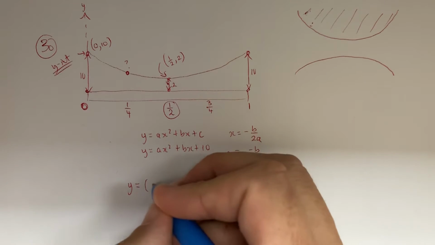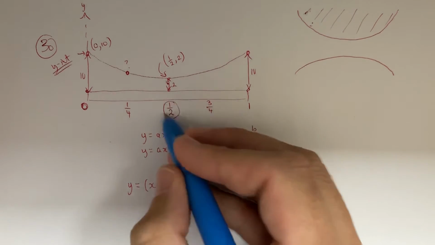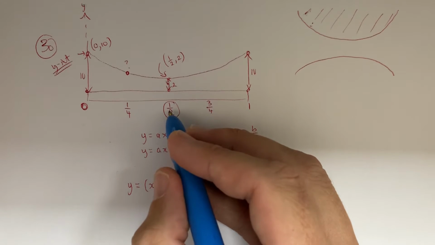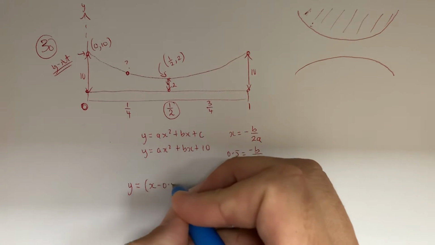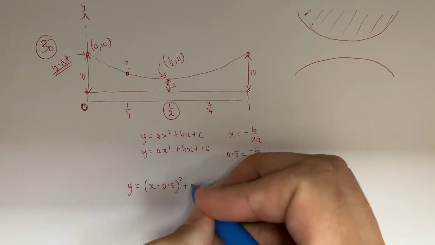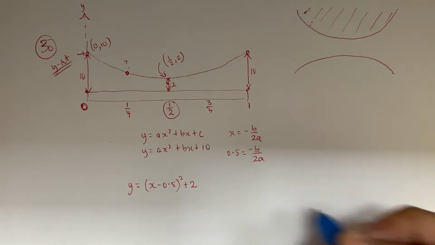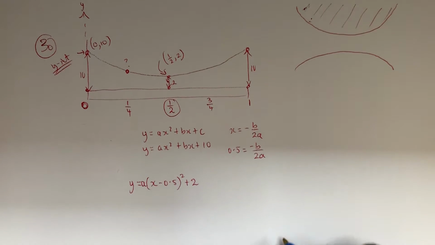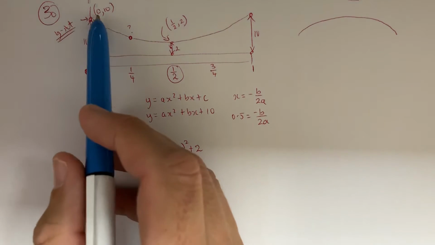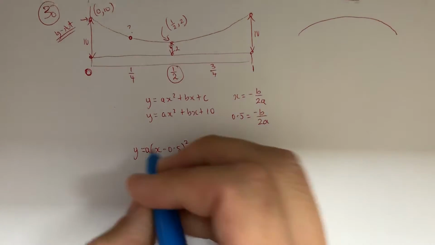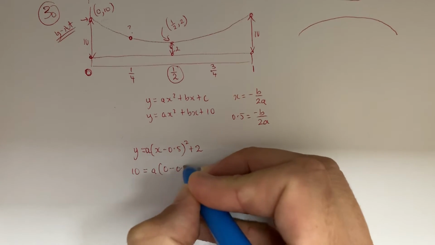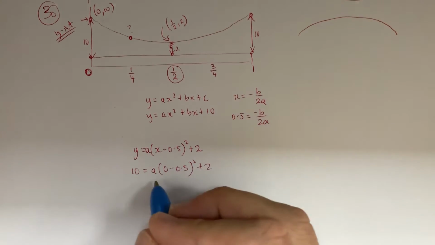So y is equal to a(x, and this is the vertex, so use the vertex in here, but because it's plus a half, it becomes negative a half squared, and this is 2, so it becomes plus 2, but I don't know what a is, so I put in a. So how am I going to find a? Well, I take a point that I know for sure, 0, 10, so when x is 0, what is going to be a?